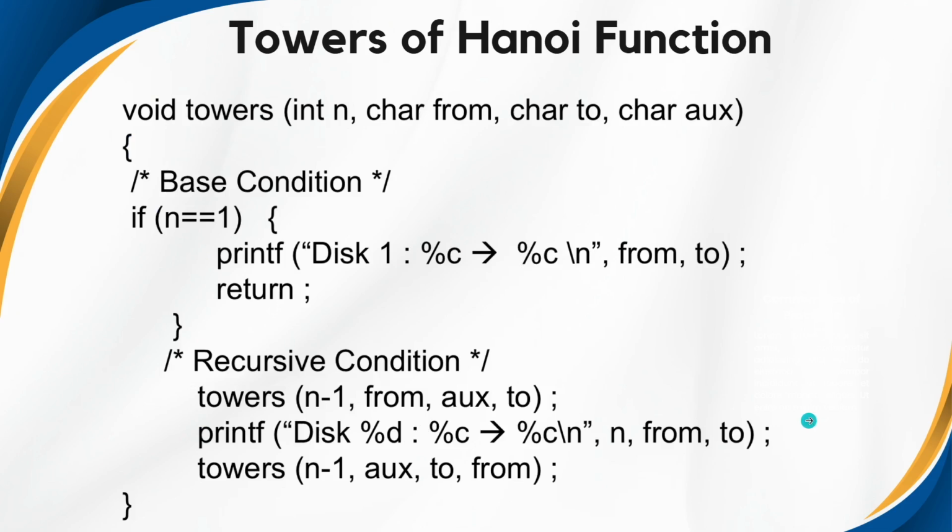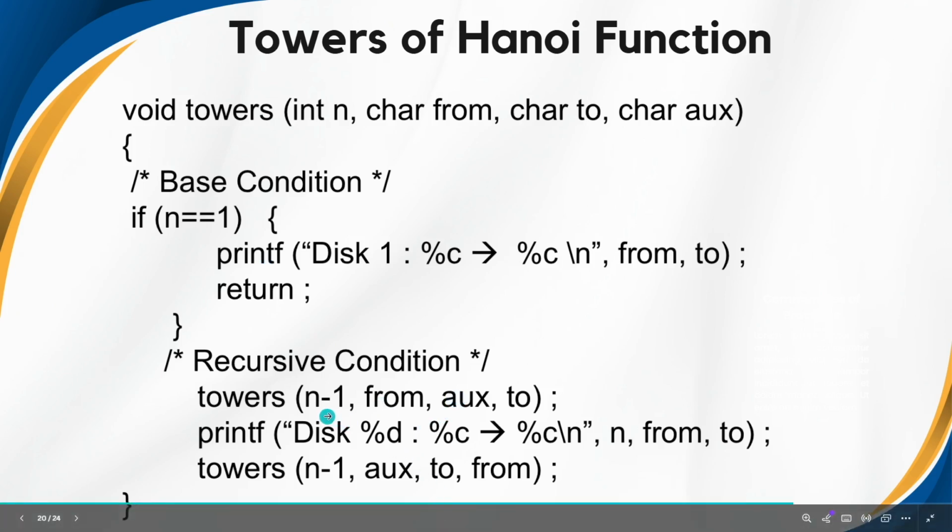So, this is the code for towers of Hanoi. Here you can see the base condition. When n is 1, we just print that disk 1 is moved from this pole to that pole. Otherwise, for all other values of n, we have 2 recursive calls.